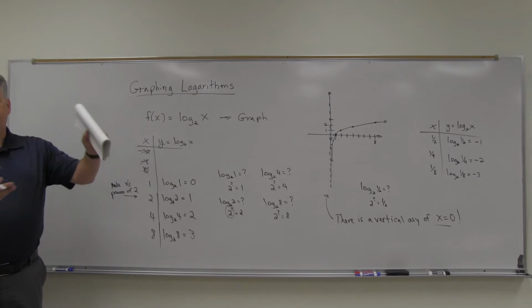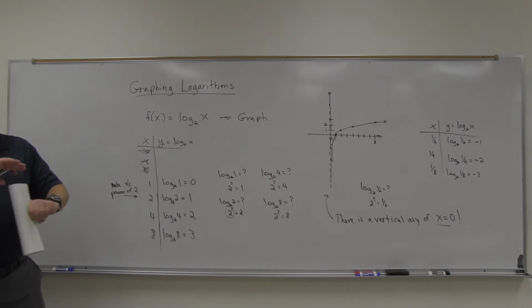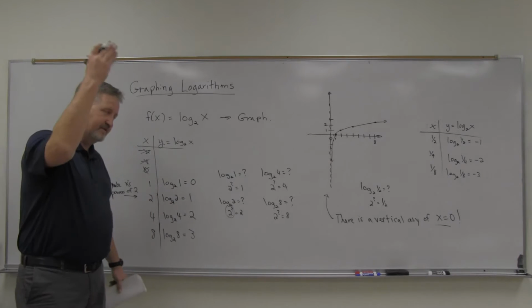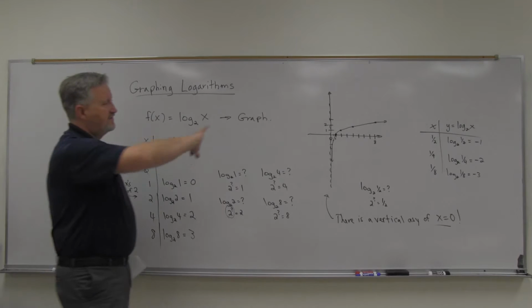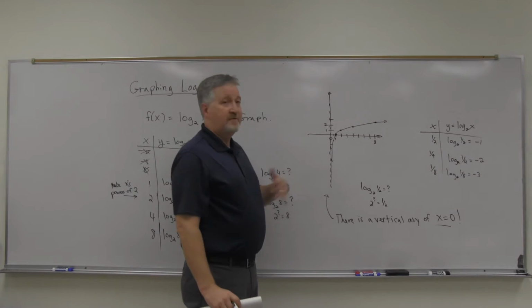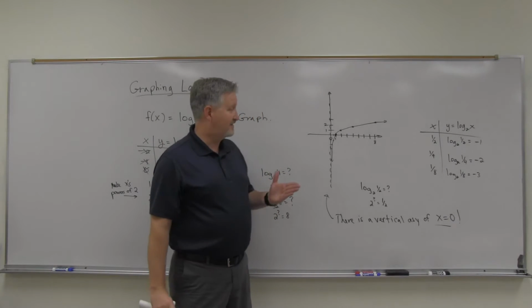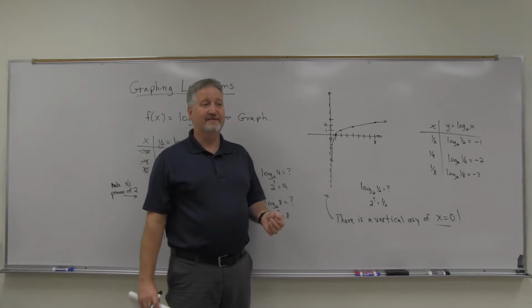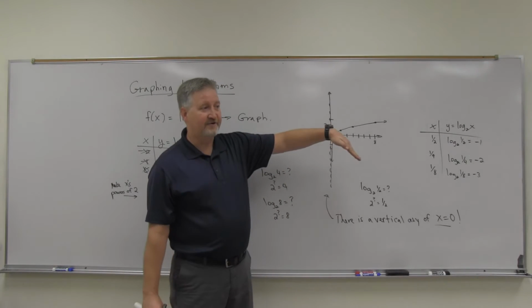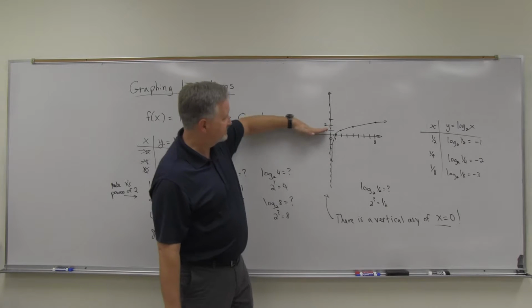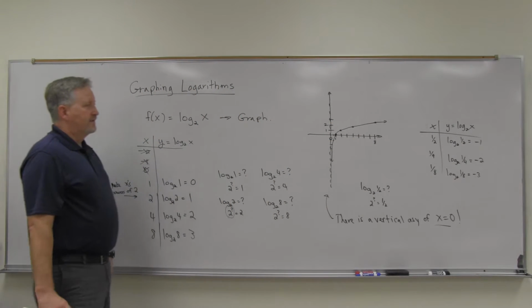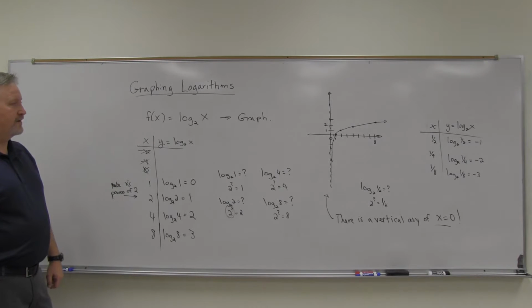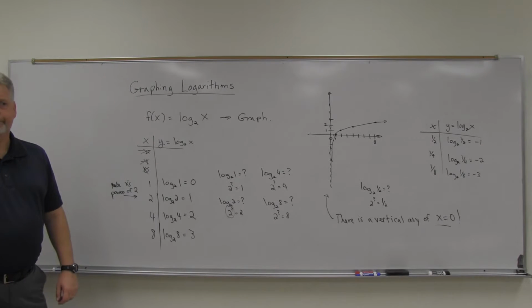The exponential functions, you have a horizontal asymptote. Logarithmic functions, you got a vertical asymptote. And so that's the basic shape. Remember exponentials, we described those as hockey sticks. Well, it's the hockey stick kind of turned over, isn't it? The exponentials did this. This one's going a little different way there. Is that okay?